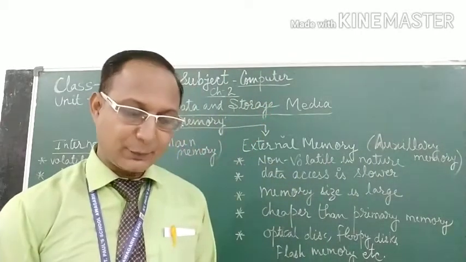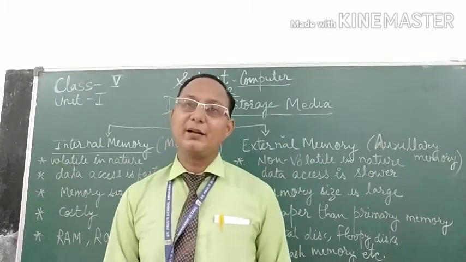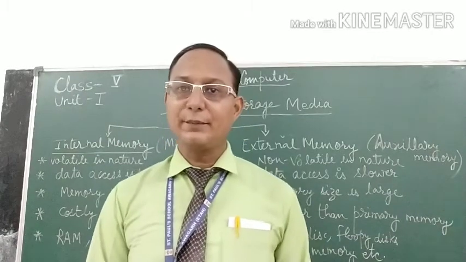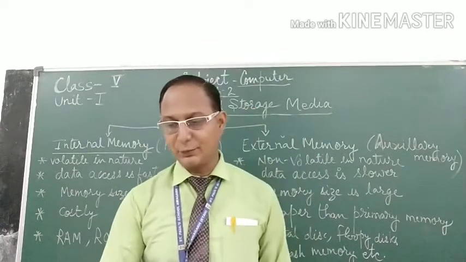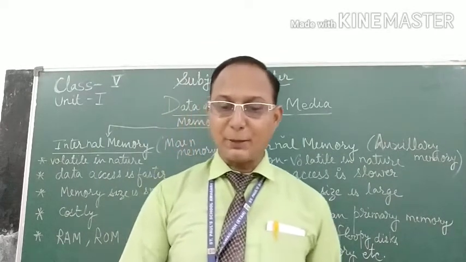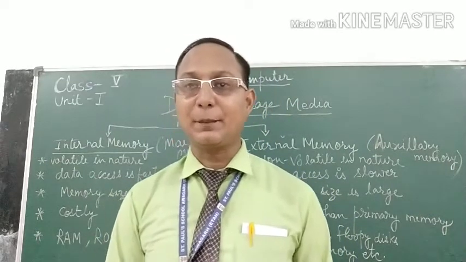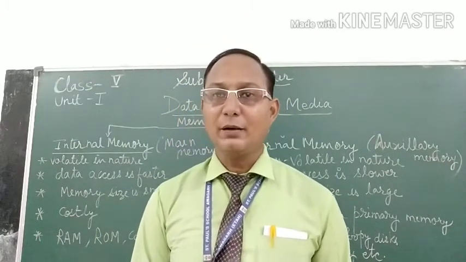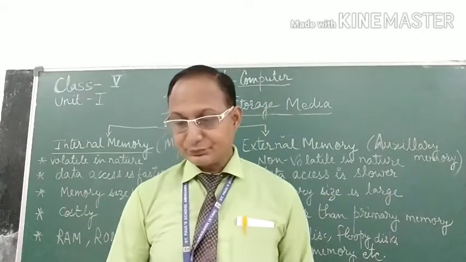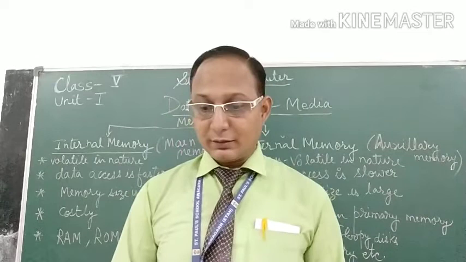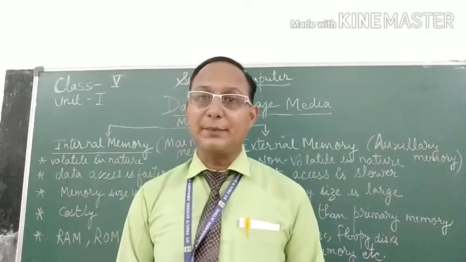Now, external memory is a secondary memory, also known as auxiliary memory. It is made up of magnetic and optical material, whereas internal memory is made up of semiconductors.